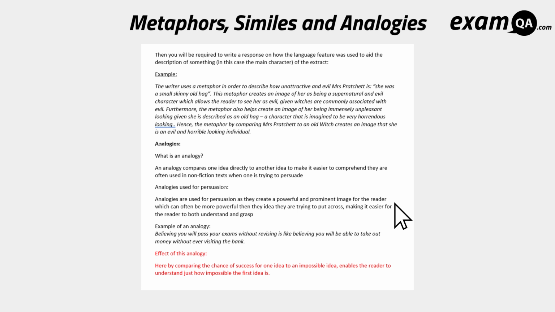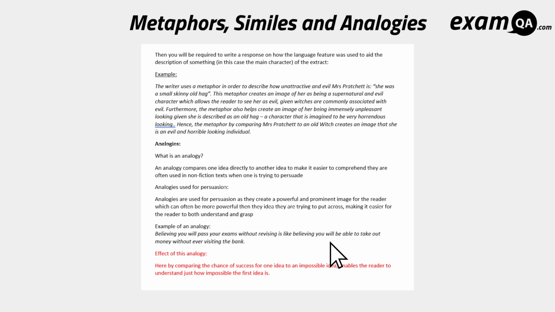So, an example of analogy is, believing you will pass your exam without revising is like believing you'll be able to take out money without ever visiting the bank. So, as you can see here, getting money or extracting money is impossible if you don't go to the bank.